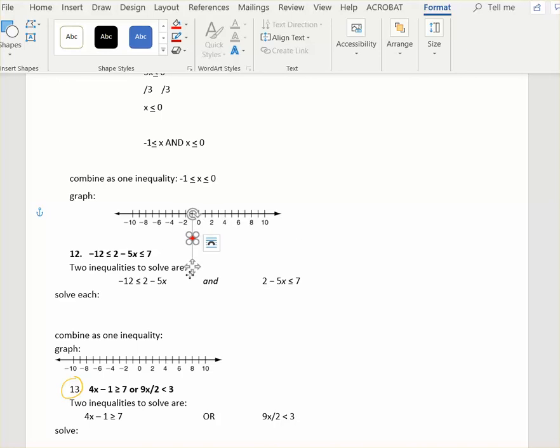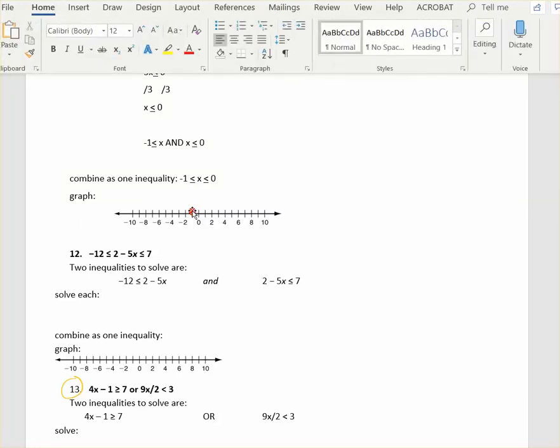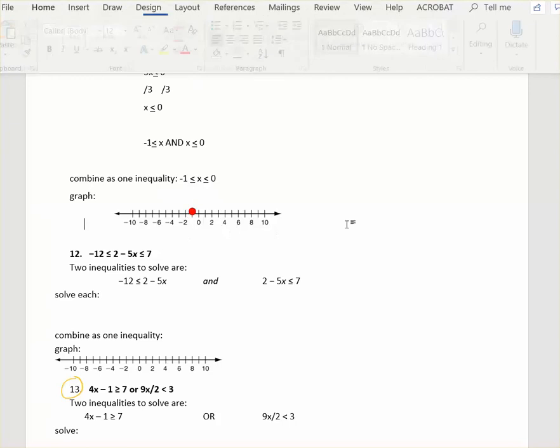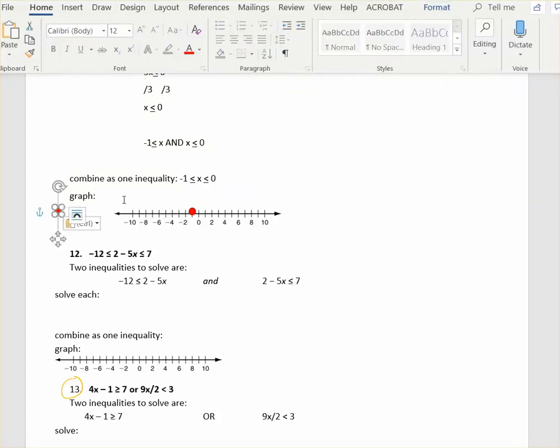Oh, I'm way low, aren't I? -1. And we need another one of those, so I'm just going to select it again and do Control-C on my keyboard to copy it, and then Control-V, and I need to put the other one at 0. Wow, they're really close together, aren't they?